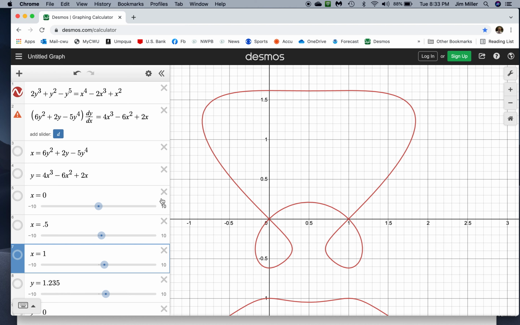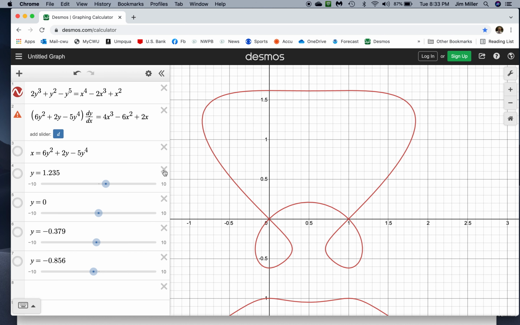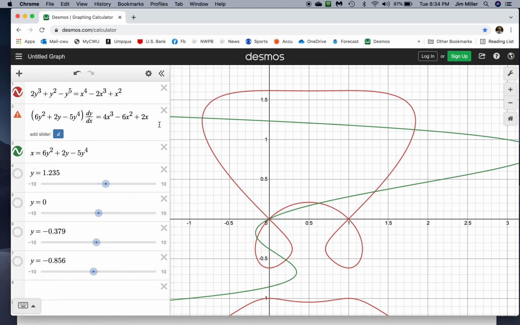Now I'm going to turn those off. I'm going to actually remove them and remove this equation, so I can now see I got that. Now this part of the derivative would go in the denominator, and it would be an undefined slope if that was 0. So I'm going to graph x equal that, and that should be a sideways curve. I'm going to turn that on, and you can see it goes over here, down, back, in here in the green.